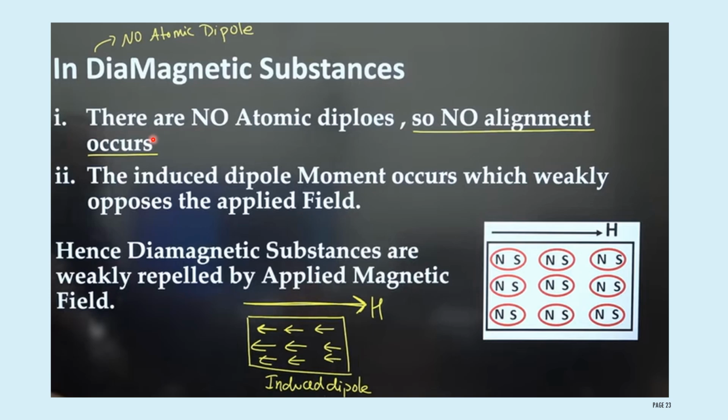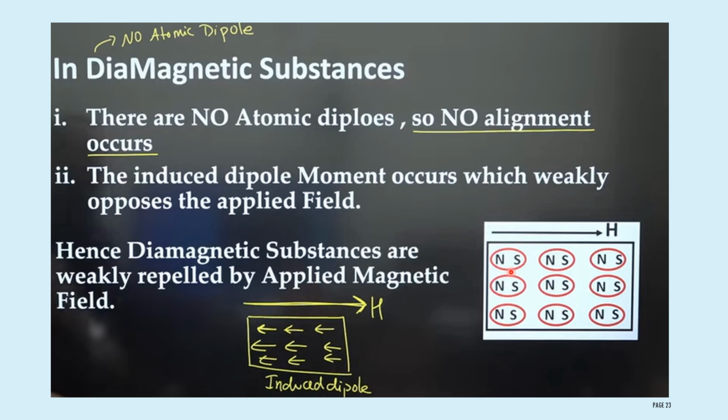First one, there are no atomic dipoles, so no alignment occurs. In the case of a diamagnetic substance, no atomic dipoles, therefore no alignment occurs. Second one, the induced dipole moment occurs, which weakly opposes the applied field. Look here. When you apply an external magnetic field, these atoms will acquire an induced dipole moment.